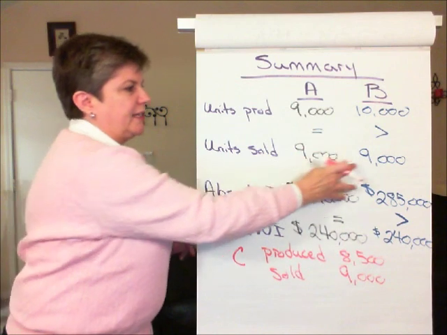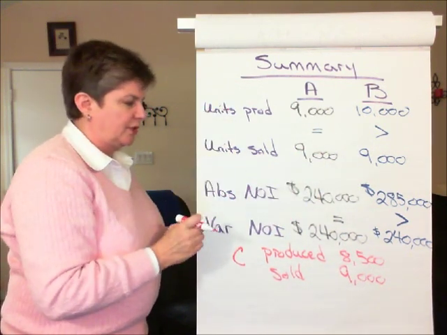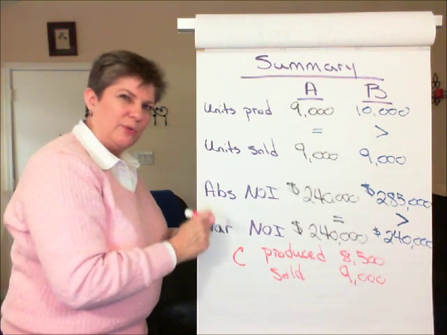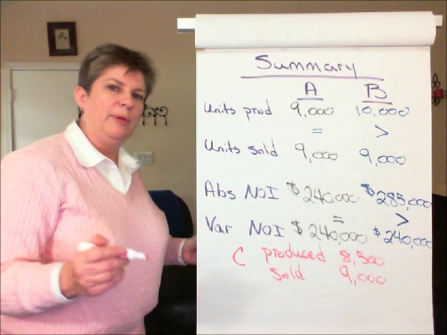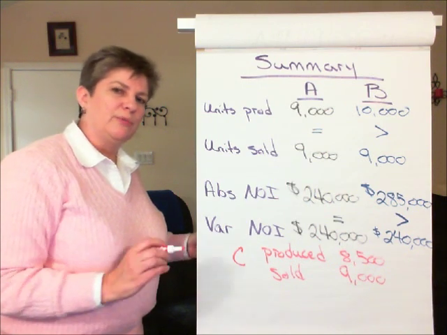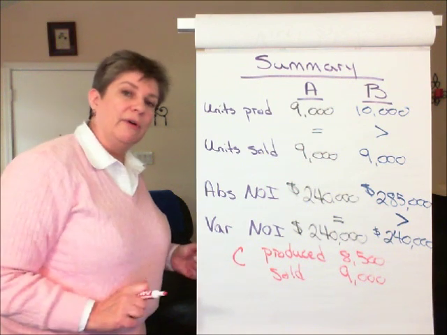So given what we see here, with these relationships between units produced and units sold and net income under absorption versus variable costing, what do you think would be the relationship between absorption costing and variable costing net income under scenario C?